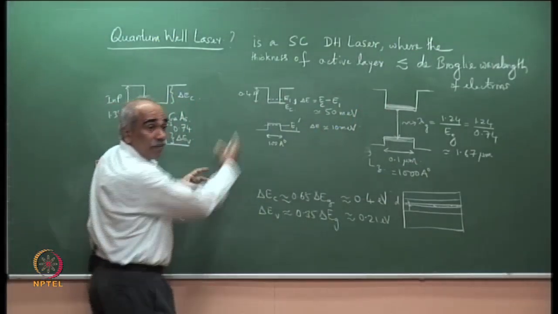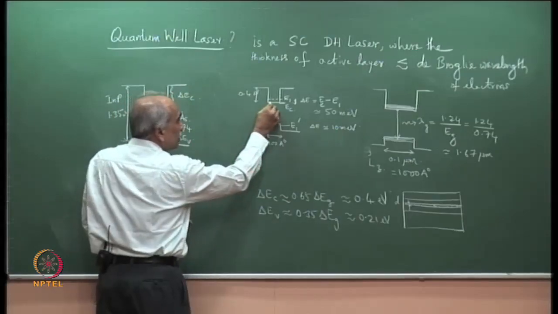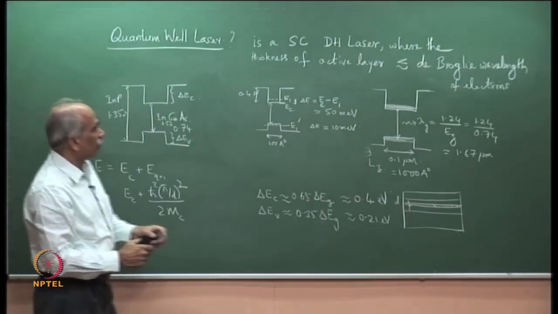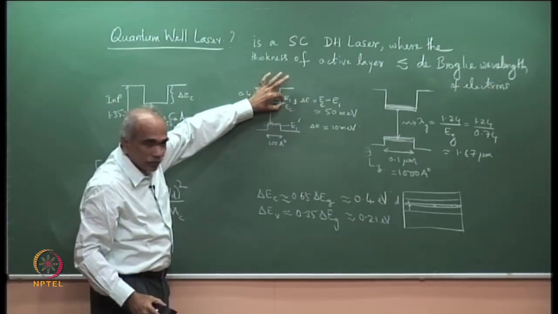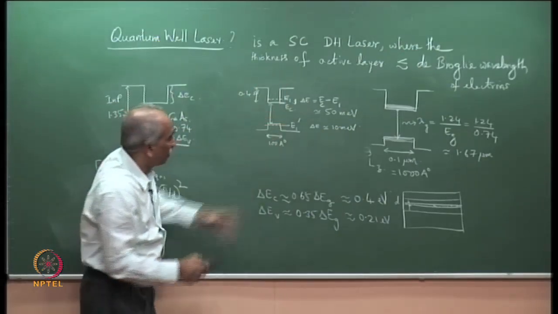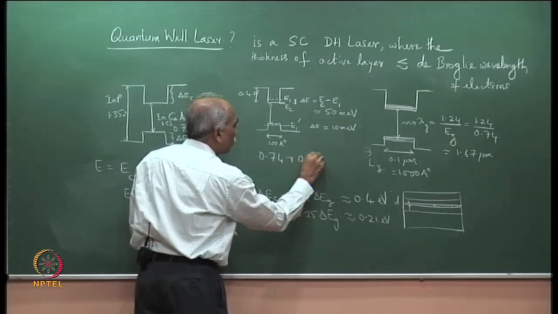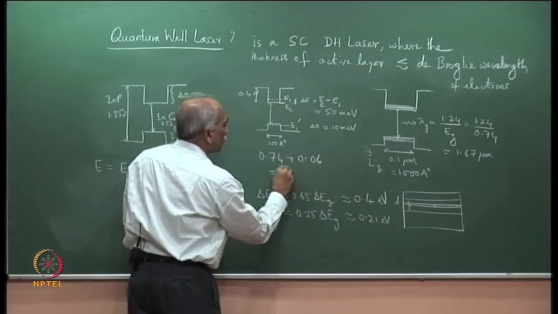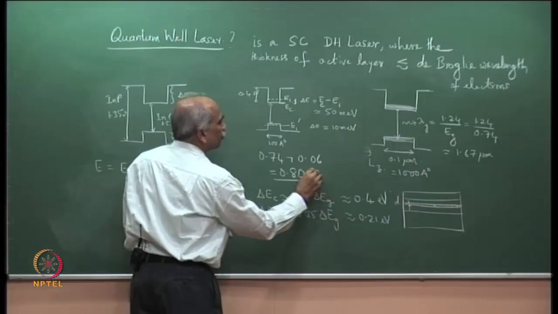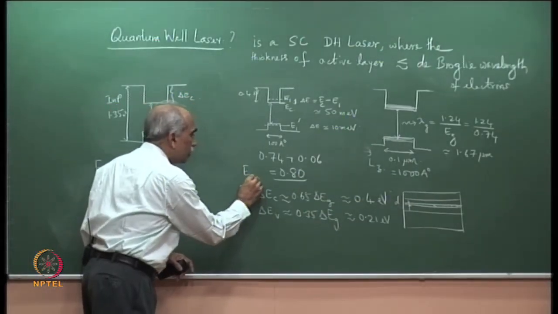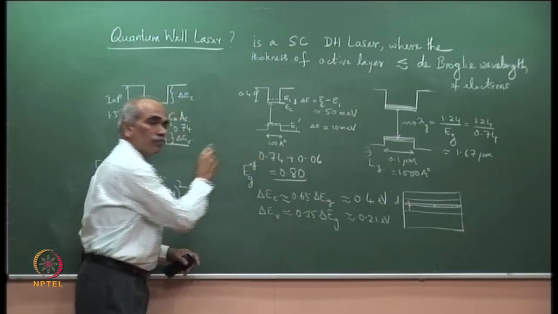So, what is the effective band gap now? Please see here, from here to here it was 0.74. Now 0.05 and 0.01 added is 0.74 plus 0.06 equal to 0.80. This is the effective E_G.